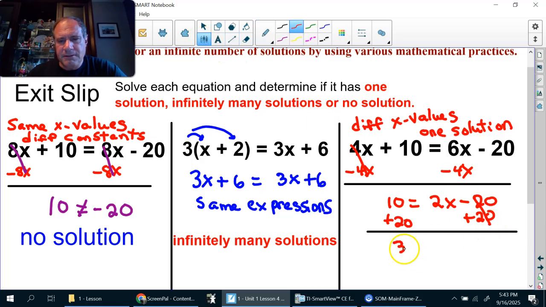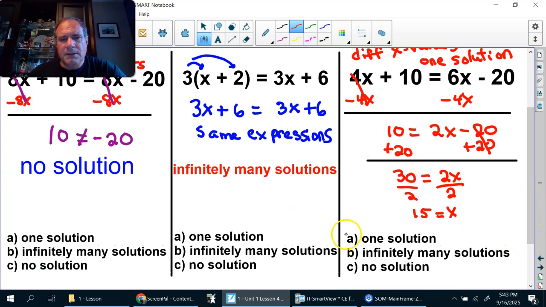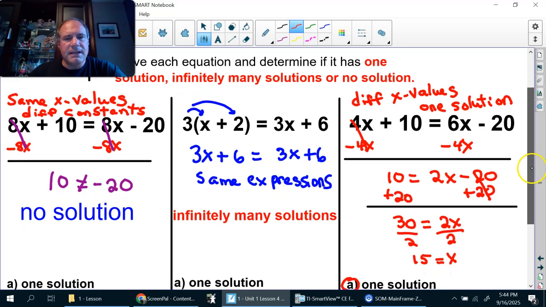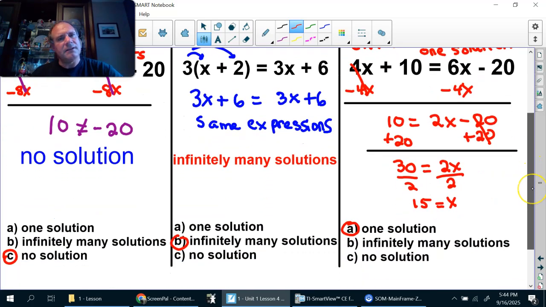This is 30 equals 2x. And you have one solution, because that solution is 15. Oh, look. One solution, infinitely many, and none. All right, and that is the exit slip, and that is the lesson.